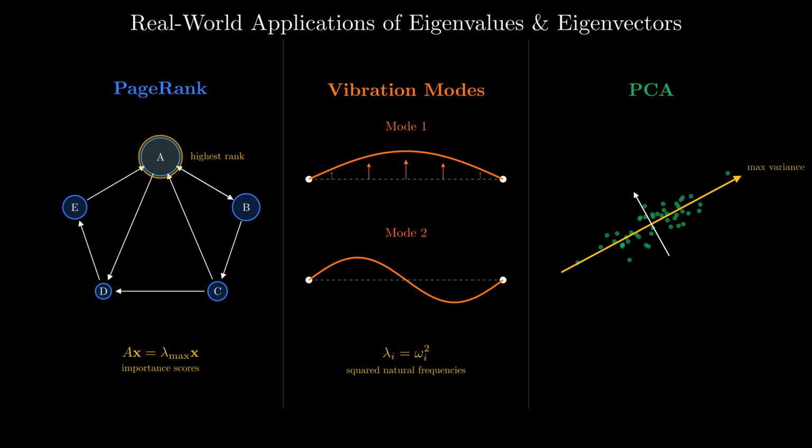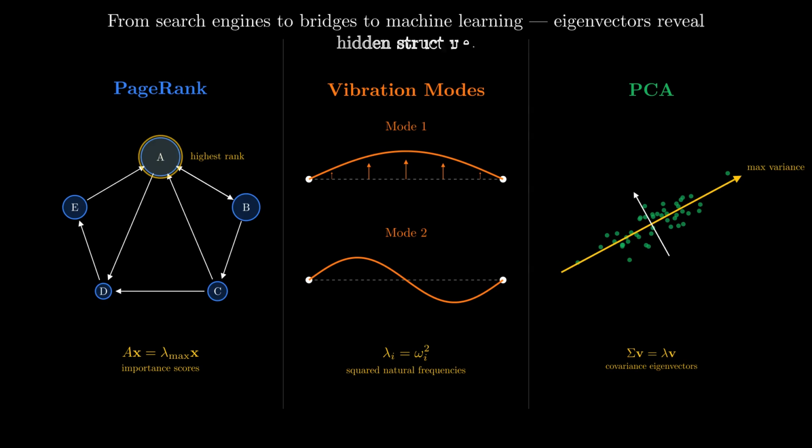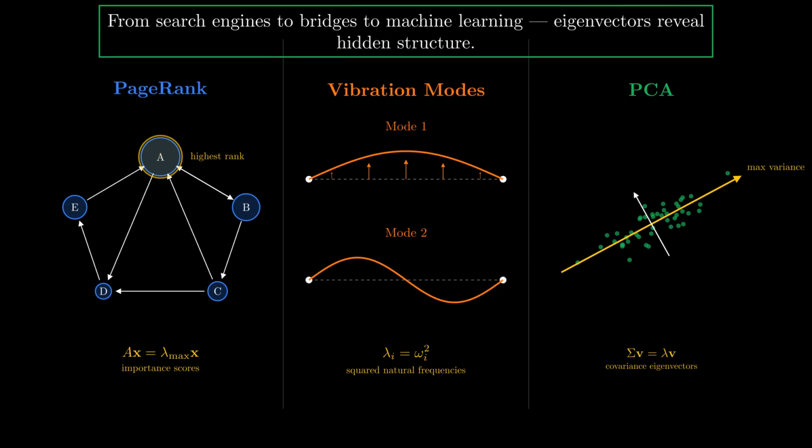These eigenvectors point in the directions of maximum variance, which are the axes that capture the most information in a data set. The eigenvector with the largest eigenvalue points along the direction of greatest spread. From search engines to bridges to machine learning, eigenvectors reveal hidden structure in the systems we study.